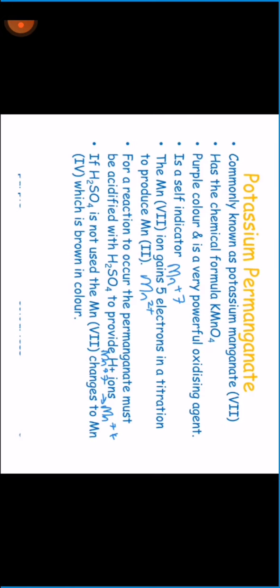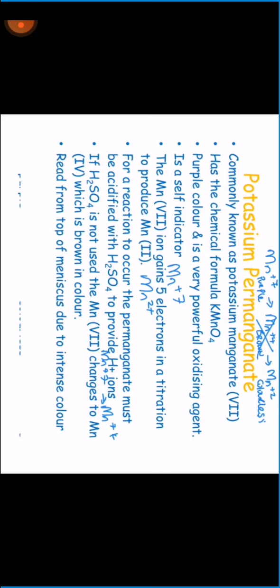So you would have Mn plus 7 to Mn plus 4 to Mn plus 2, and the Mn plus 7 is purple, the Mn plus 4 is brown, and the Mn plus 2 is colourless. So you want to avoid this Mn plus 4. You want to avoid the formation of a brown precipitate.